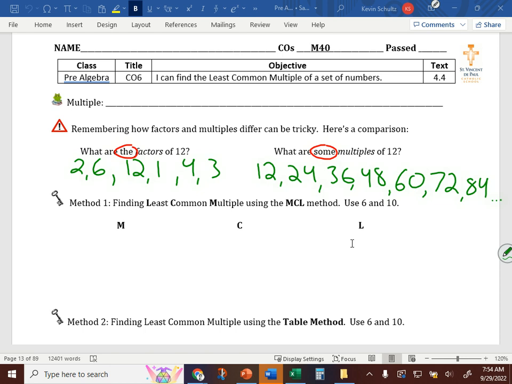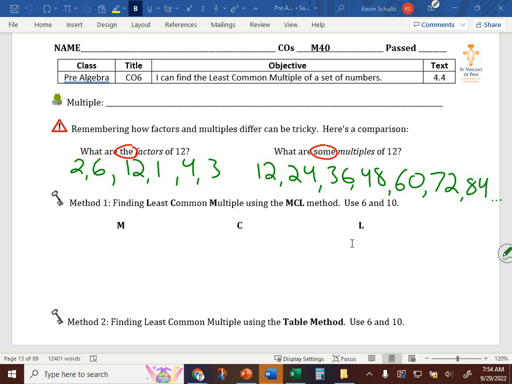Factors of 12 are numbers that go into 12, or numbers that can make 12. What are multiples of 12? It's basically what 12 can go into, right? 12 can go into itself, it can go into 24, it can go into 36, and 48.